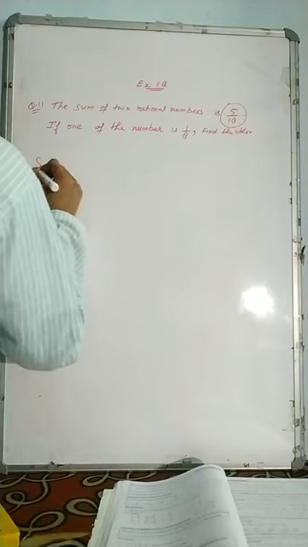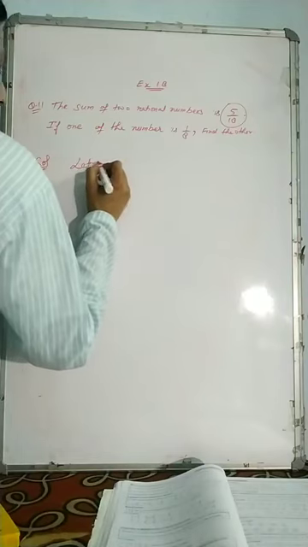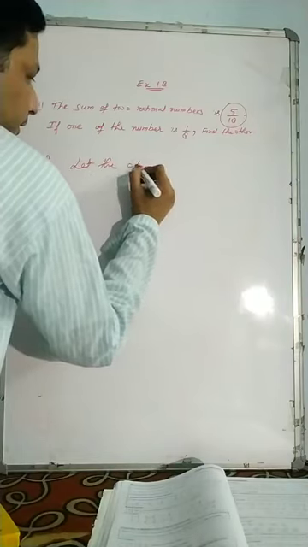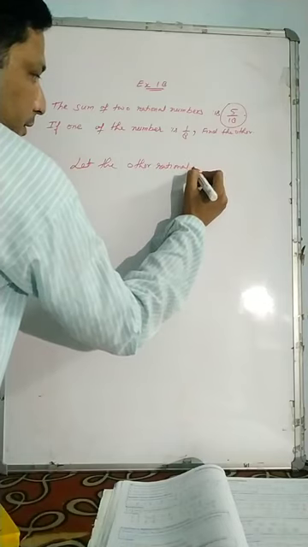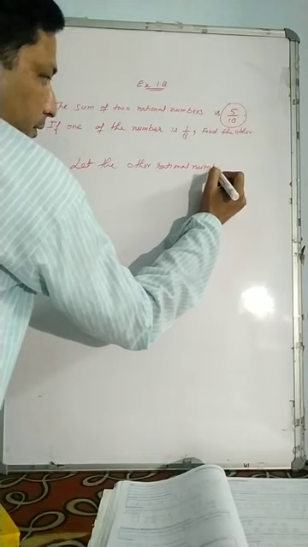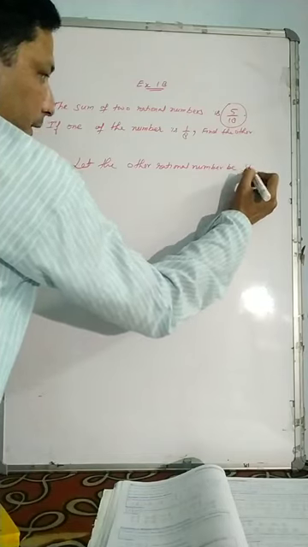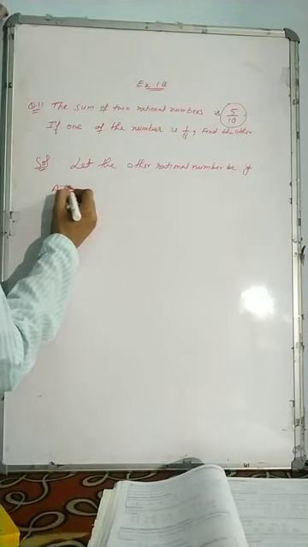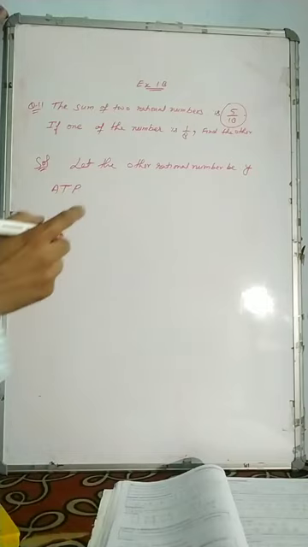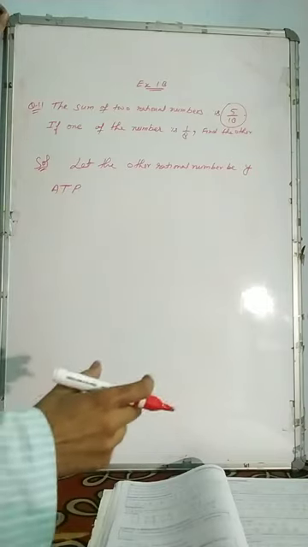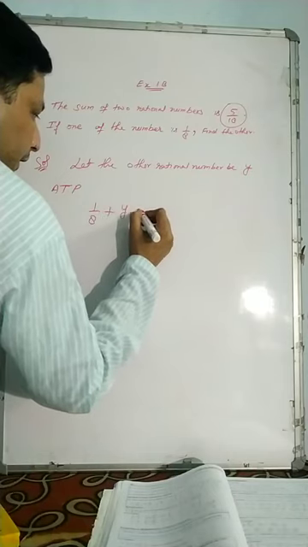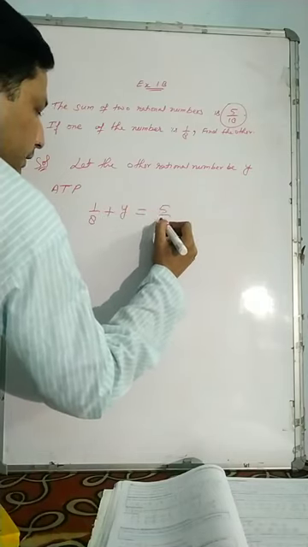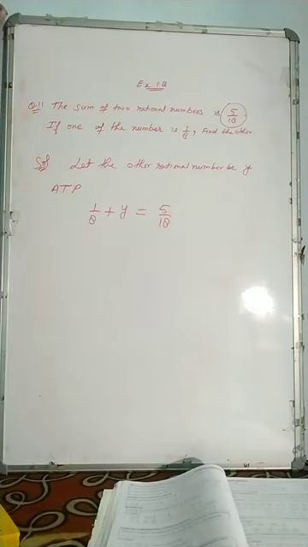So let the other rational number be y according to the problem. When you add two rational numbers, that is 1 upon 8 plus y, here we get 5 upon 18 after adding the two rational numbers.